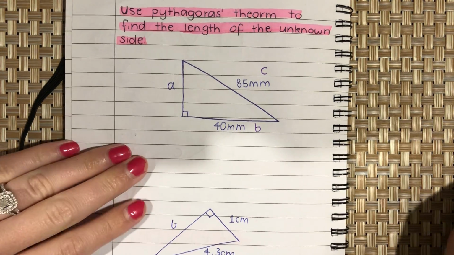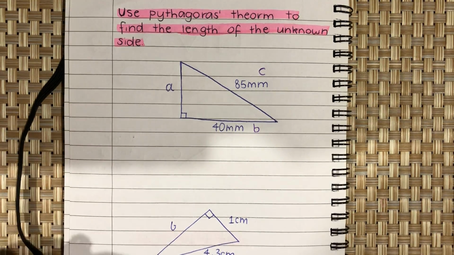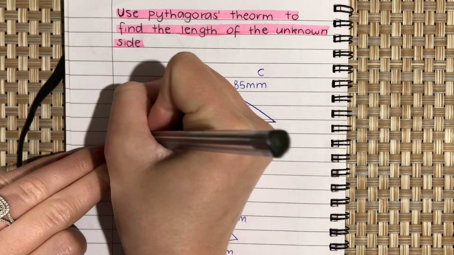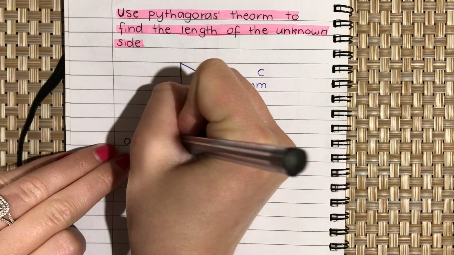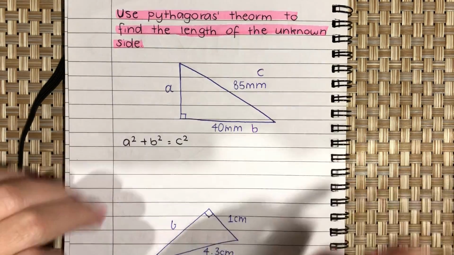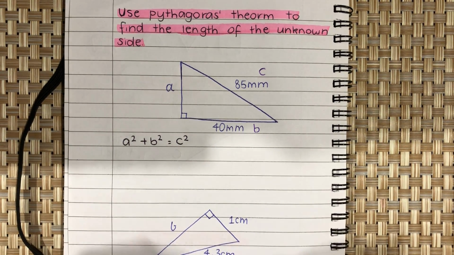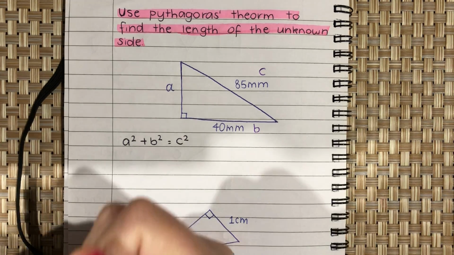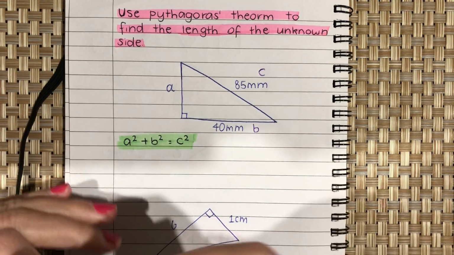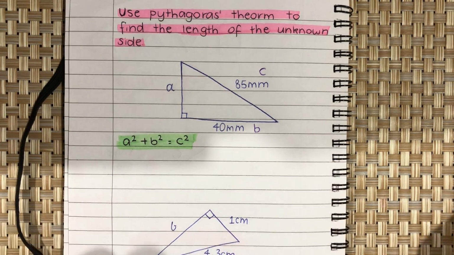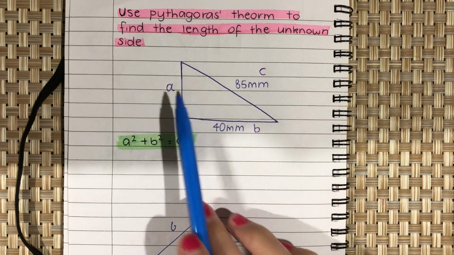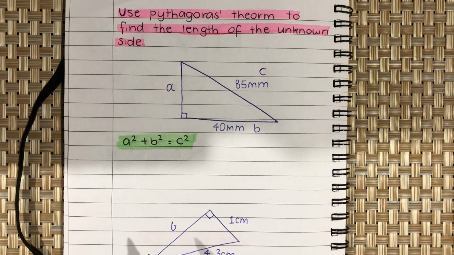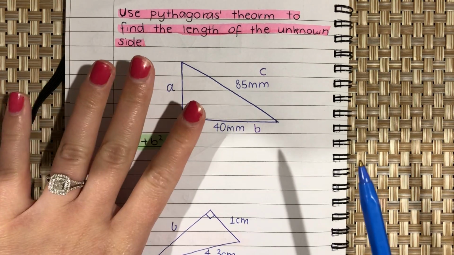So now we can write the formula down, and I'll do so in black so it's obvious. A squared plus B squared equals C squared. All right. Now all you're going to do is you are going to substitute these numbers into the formula. Now A, we don't know what A is.